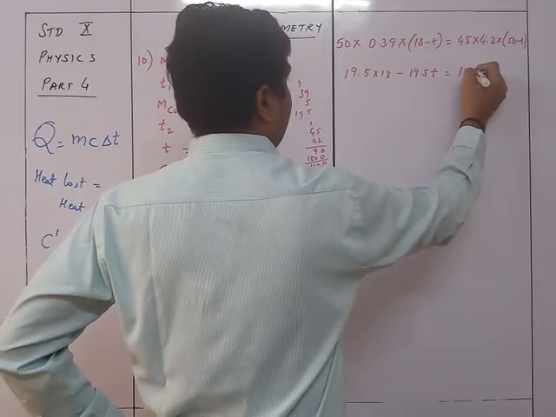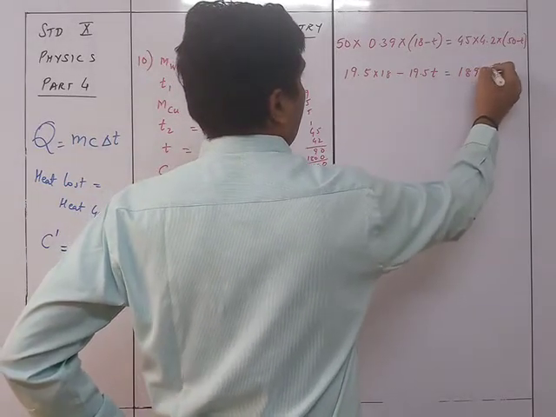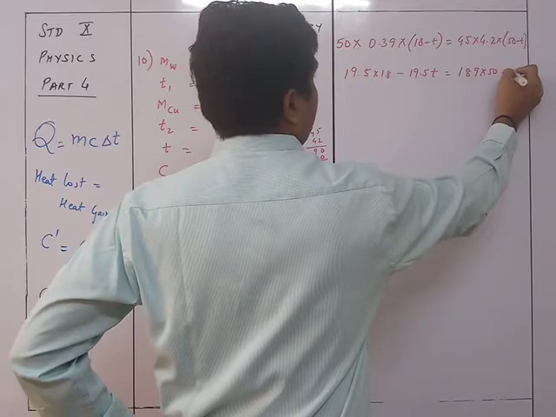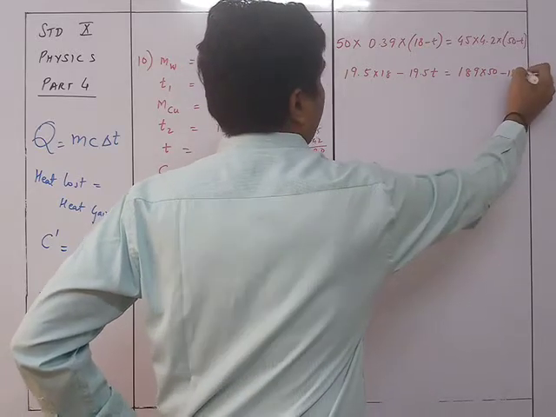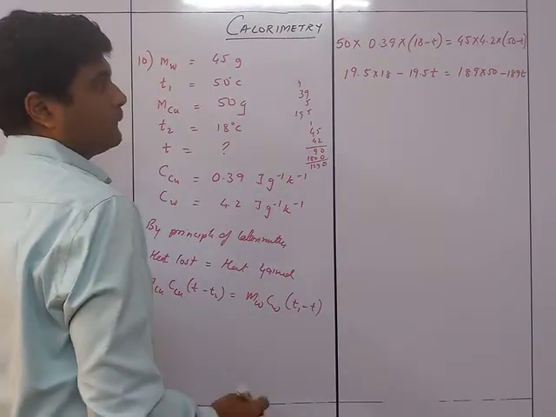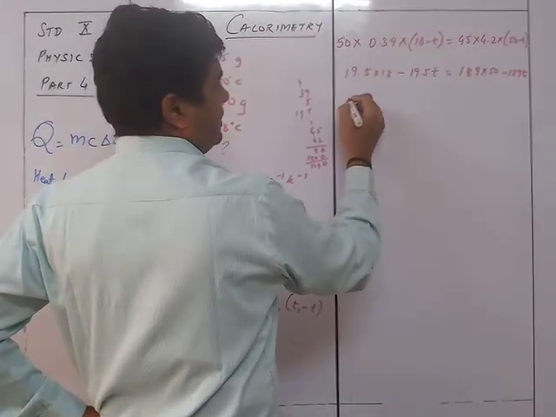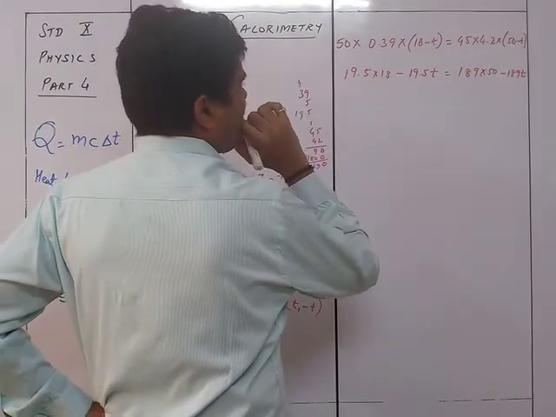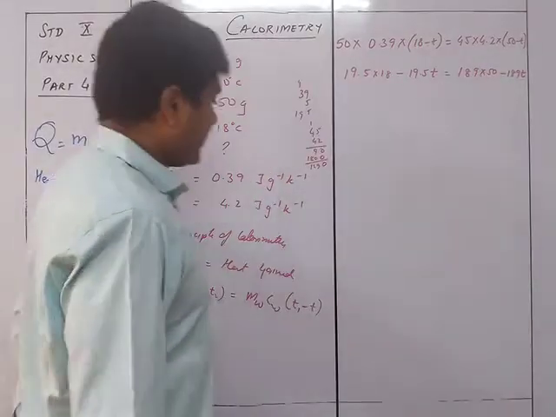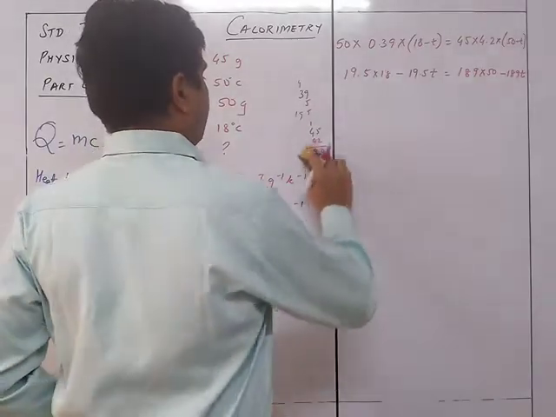So it is 189 into 50 minus 189 T. Taking all the T on one side and the rest on the other side, we have it this way.